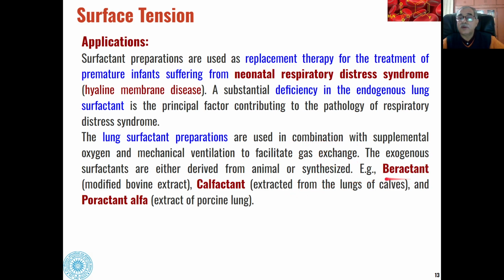Important examples are beractant, which is a modified bovine extract, or calfactant, which is extracted from lungs of calves, or poractant alfa, which is an extract of porcine lung. So all these are the important surfactant preparations which are used for lung diseases.